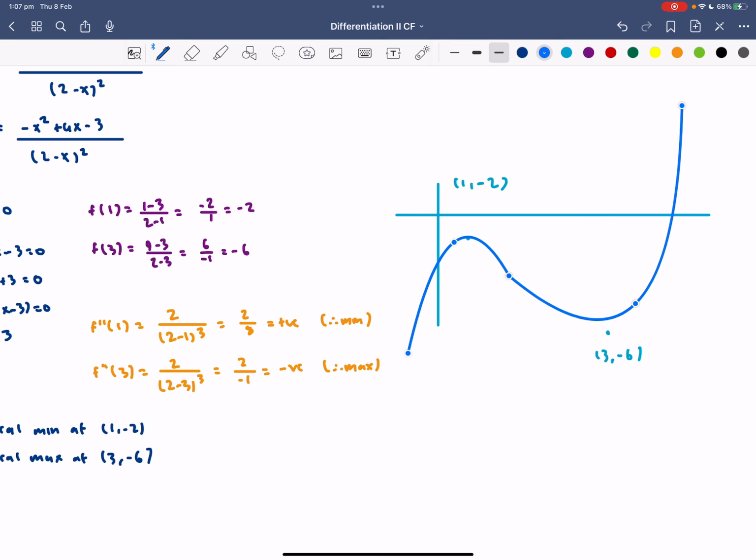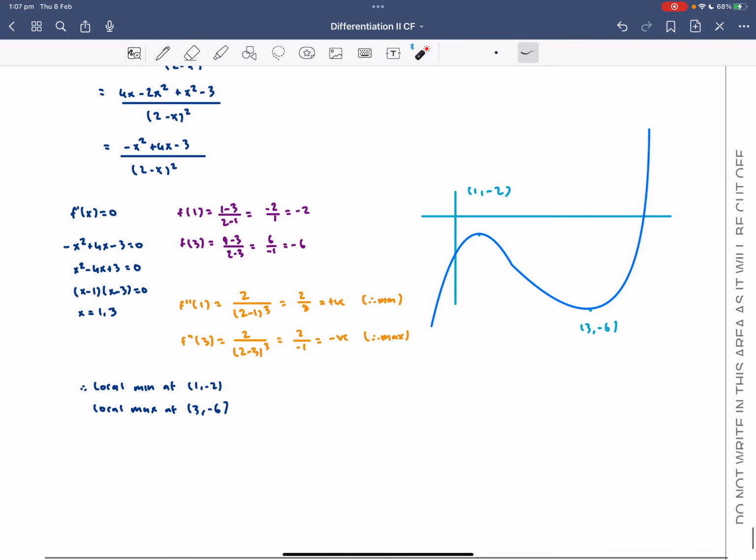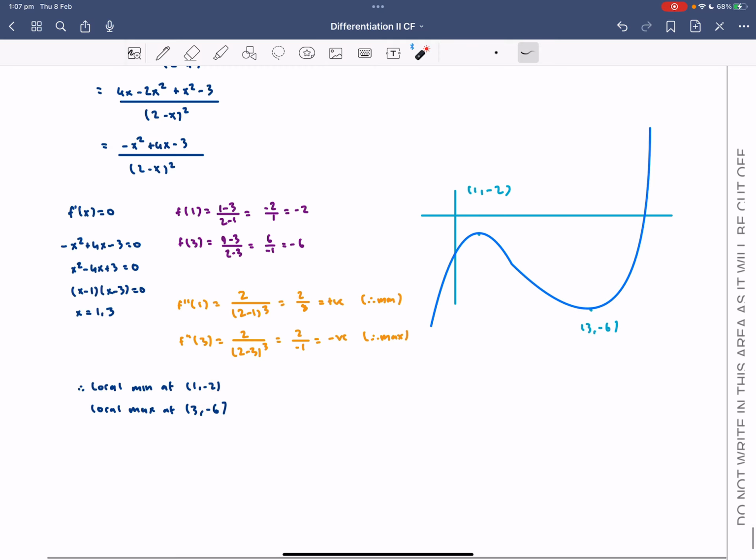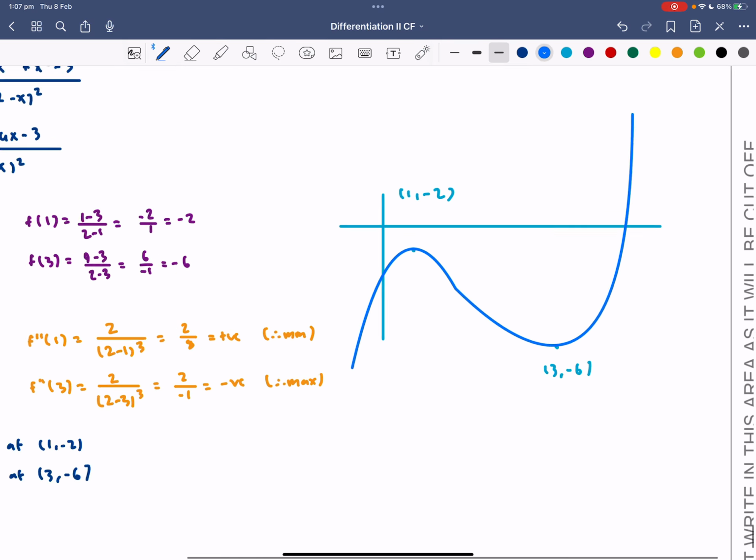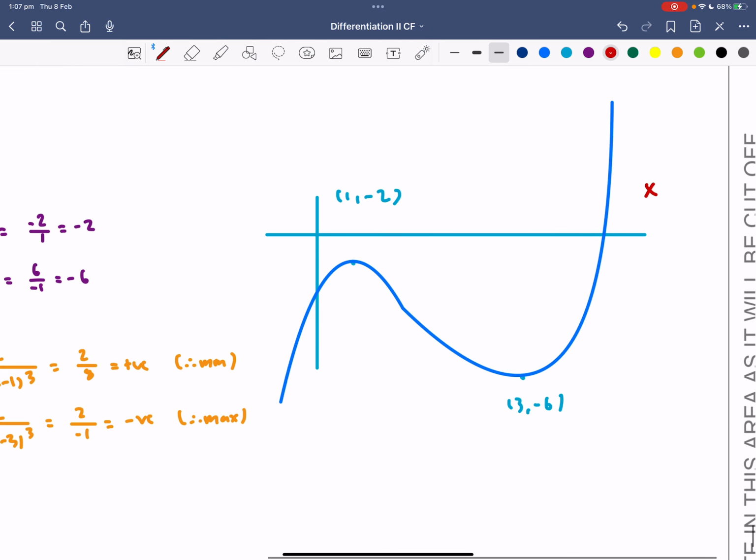However, we clearly saw that (1, -2) was the min and (3, -6) was the max. So this would be obviously wrong. How is it wrong? How can it pass through there and through there, but how can this possibly be the min and how could this possibly be the max?